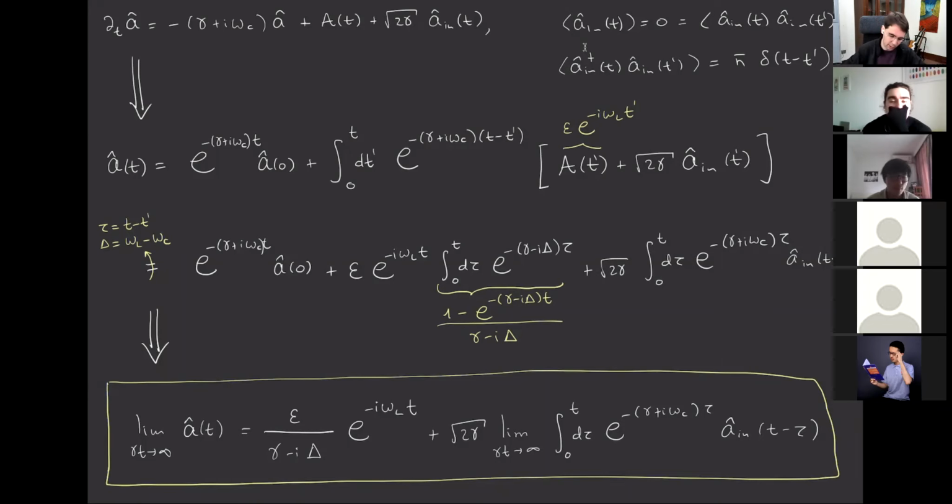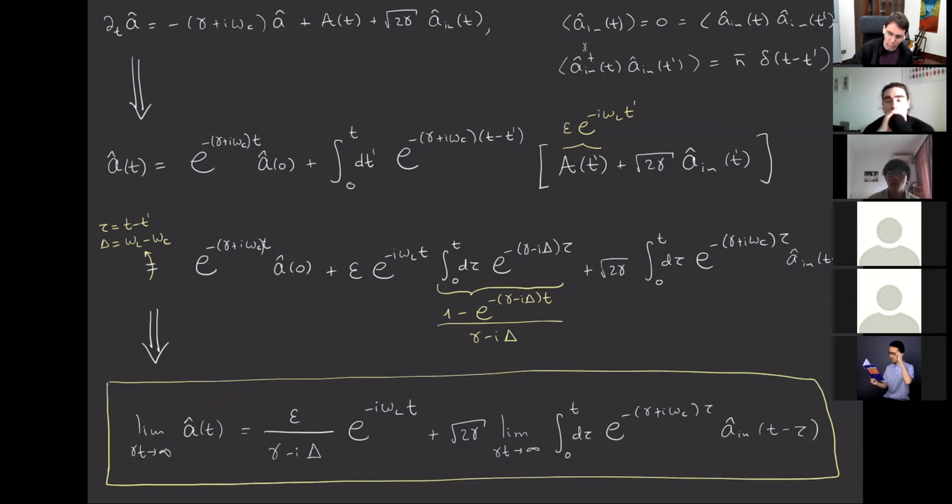And then what we have found is that we can write the annihilation operator at a given time t, in particular at asymptotic times, very, very long times, in terms of integrals of the input operators, so in terms of the history of the field that has been interacting with it up to that time t, okay?